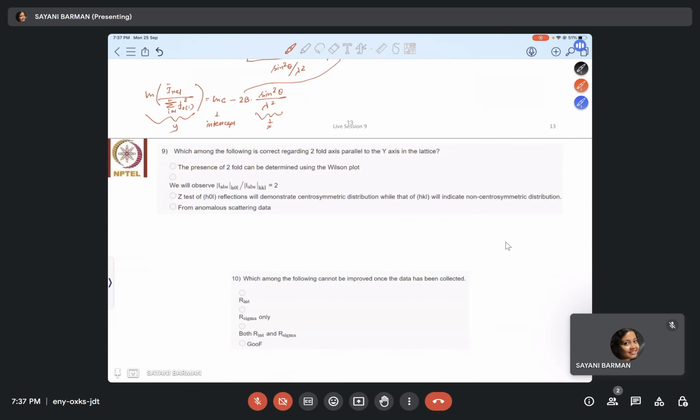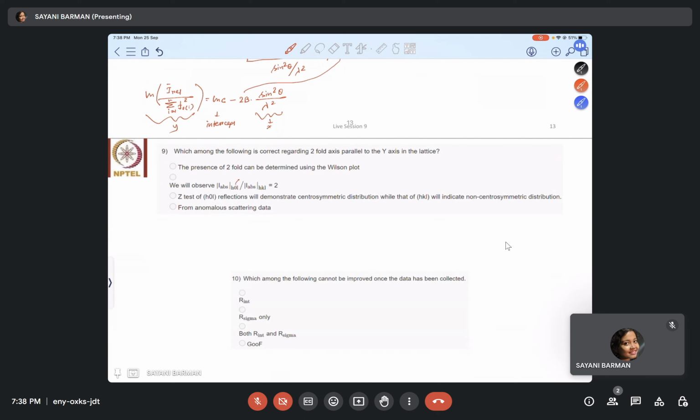The presence of a two-fold axis can be determined by the Wilson plot. Yes, it can. We'll observe H0L divided by hkl equals 2. Yes, because it's parallel to the y-axis, so here y is taken as 0.